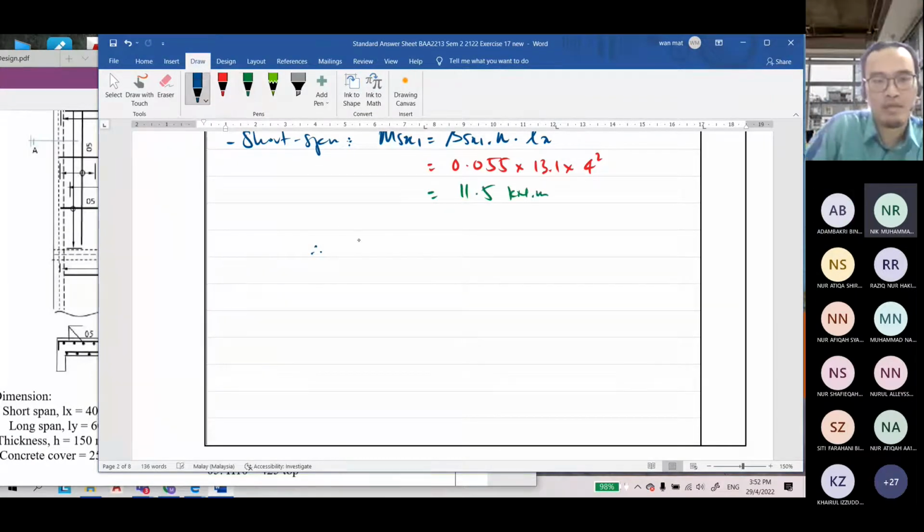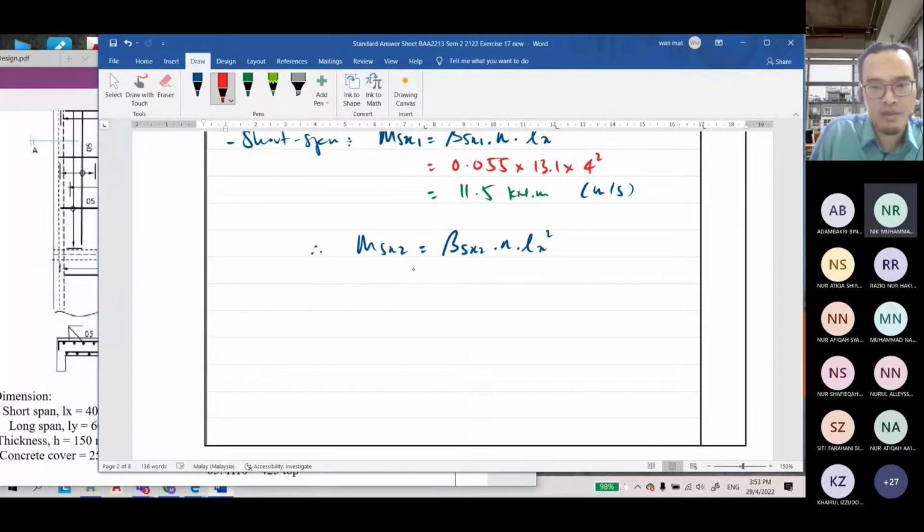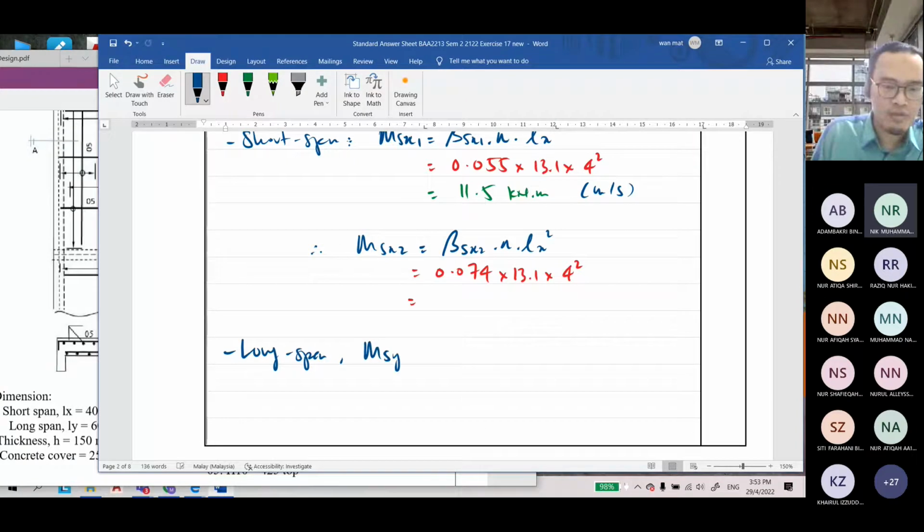Thank you. And then the MSX2, this is for the support. Beta SX2 times n times Lx square, so equal to 0.074 times 13.1 times 4 to the power of 2. While you are using your calculator, this is for long span: MSY1 equal to beta SY1 times n times Lx to the power of 2.